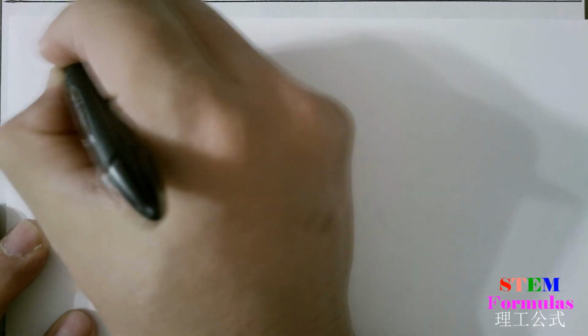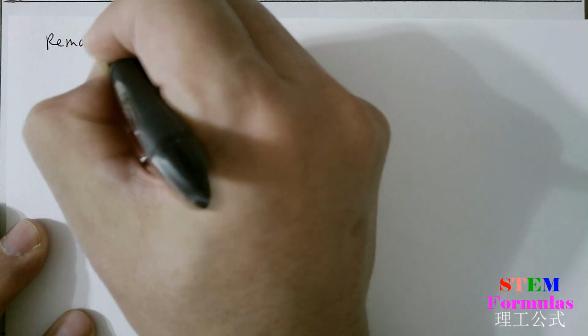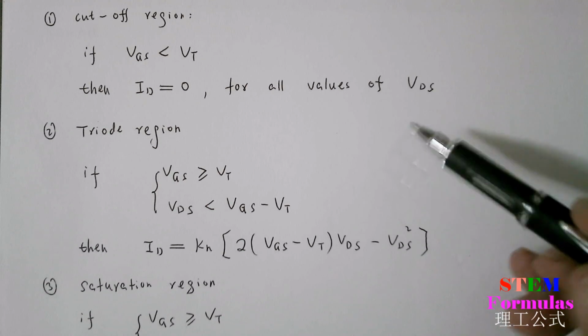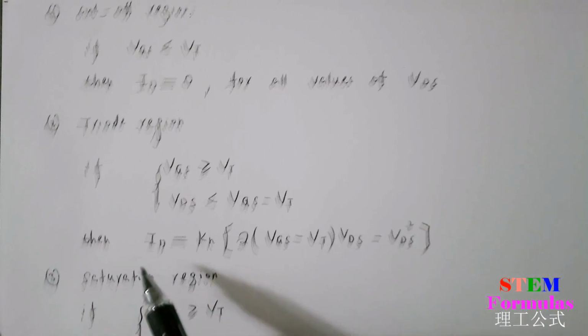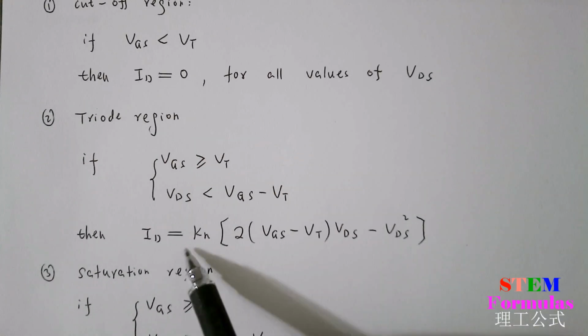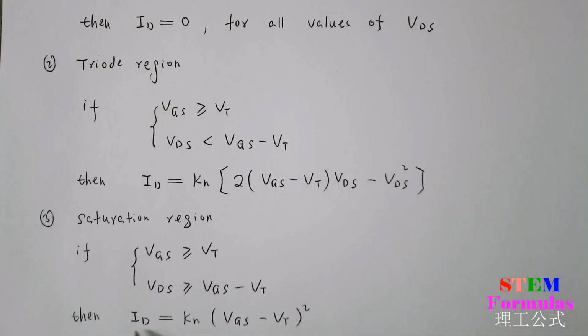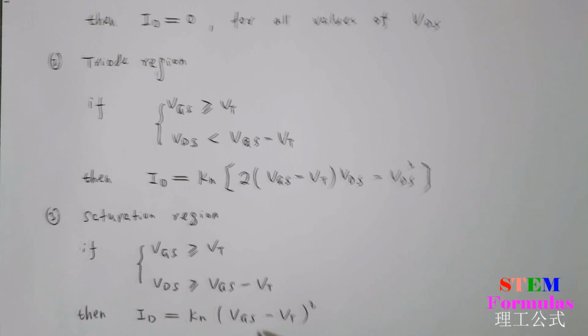Now, I have a remark here. In our formula for the Matlab code, for the triode region we have ID equal to Kn times this factor, and in the saturation region we have ID equal to Kn times VGS minus VT squared.